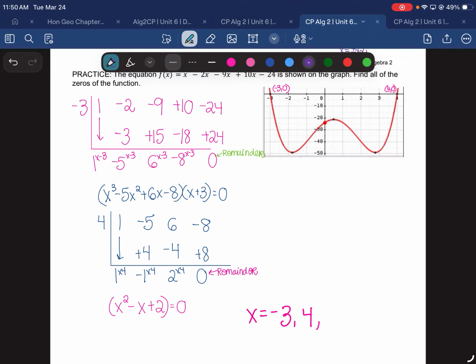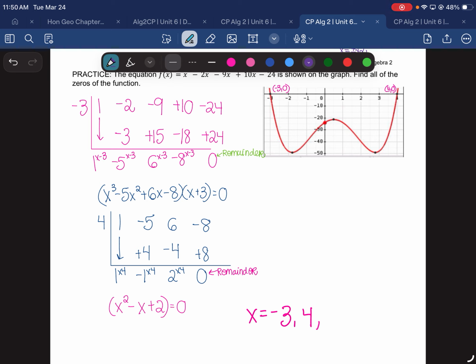Can I see what you have? Because you can't find your factors of 2 that have -1. Oh, okay, perfect. All right, girls, great job. Now, if you try to factor that, which really is what we did on the last one, you're not going to get things that match up in your binomials. So that's why I said if you can't factor it like we could up here, then you have to do synthetic division again.